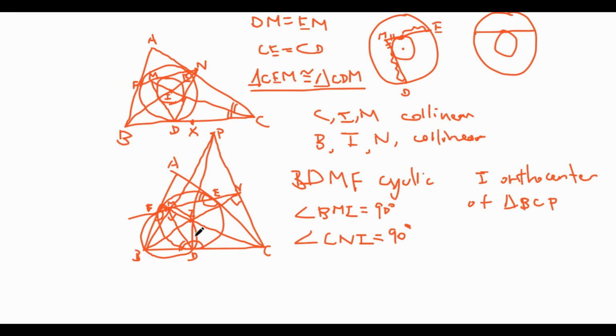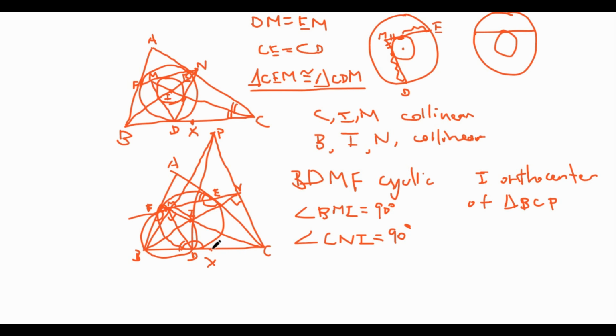So now we have this triangle BCP with M, N, and D as the feet of the altitudes from C, B, and P respectively. But then remember that we're trying to prove that M and D and the midpoint of BC, call it X, are concyclic.